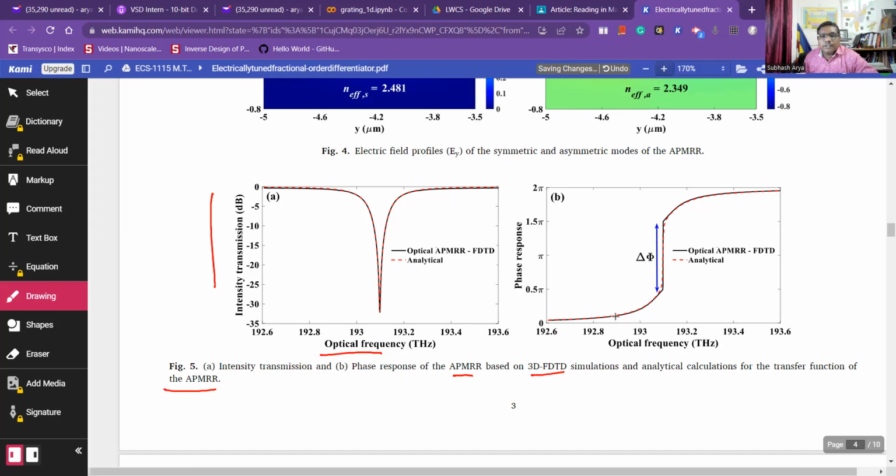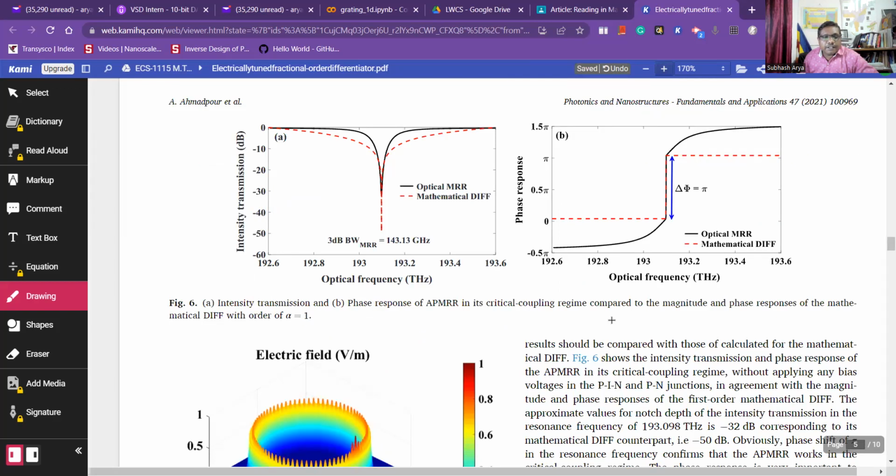This is the FDTD, and this is the analytical method. Both are following each other. And the phase response is shown here, optical frequency versus phase response from 0 to 2 pi. You can see this is delta phi. Both are analytical as well as FDTD.